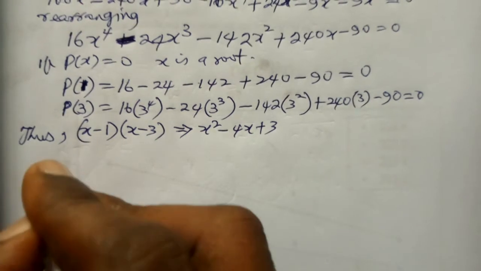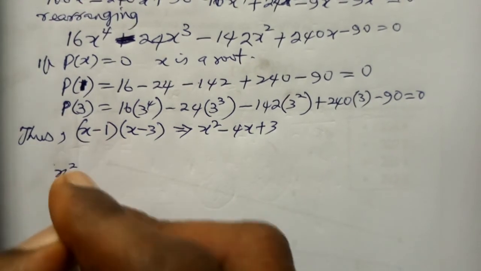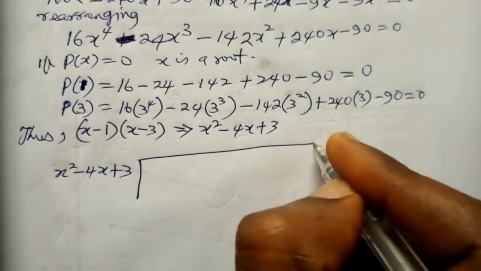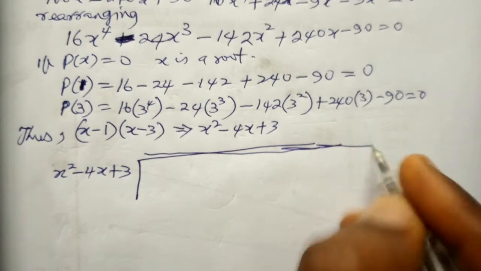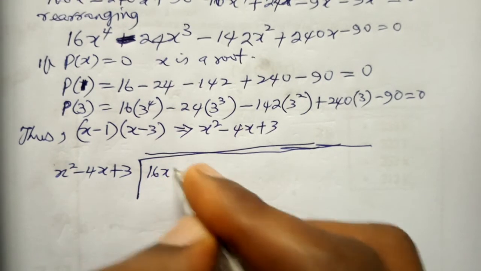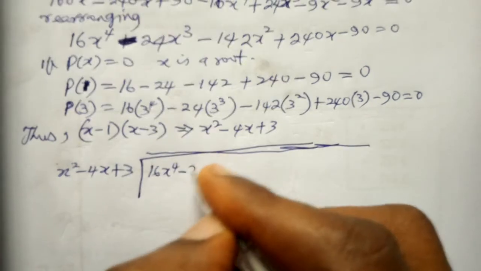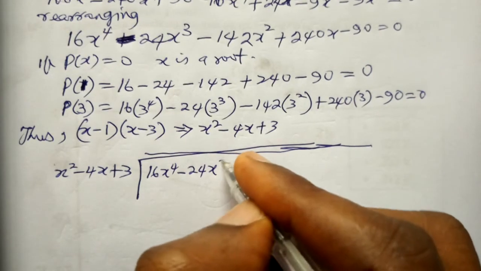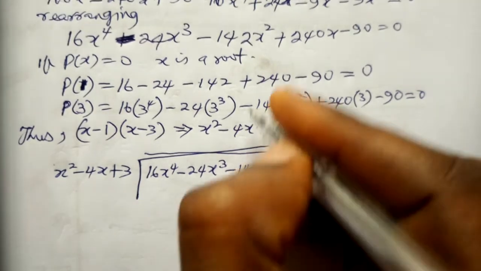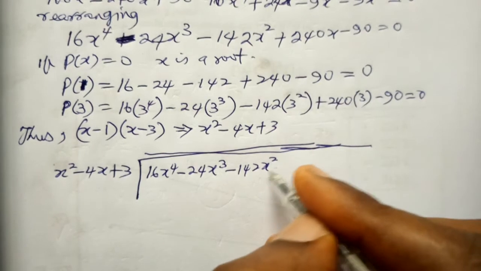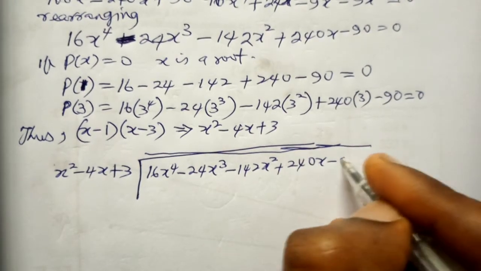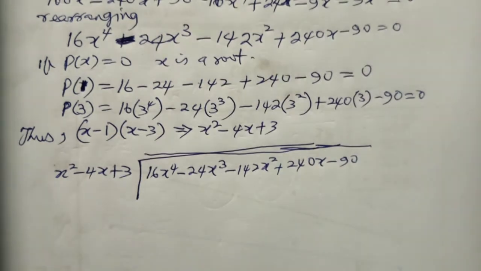So let's just divide it: 16x raised to the power 4 minus 24x cubed minus 142x squared plus 240x minus 90. That's what we are going to divide.